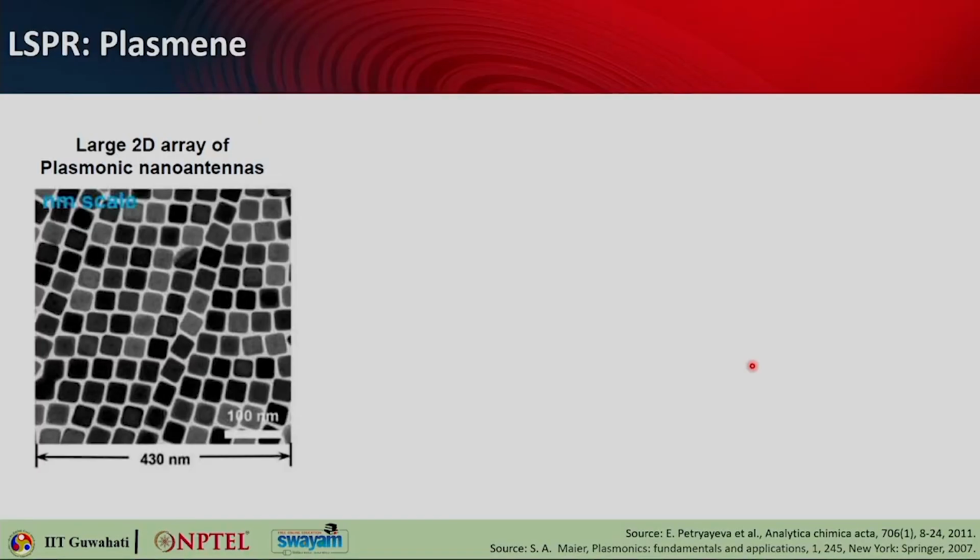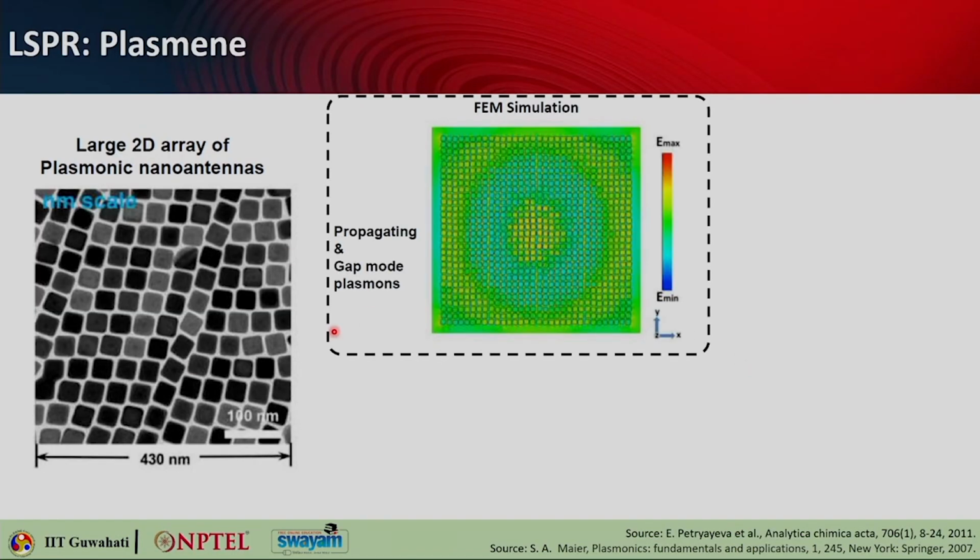Because this kind of large 2D array of plasmonic nanoantennas can give rise to free surface propagating modes, just like graphene has an abundance of surface plasmons propagating on top of it when you excite it. This also gives you surface plasmon propagation on the surface of this closely packed plasmonic nanoantenna array.